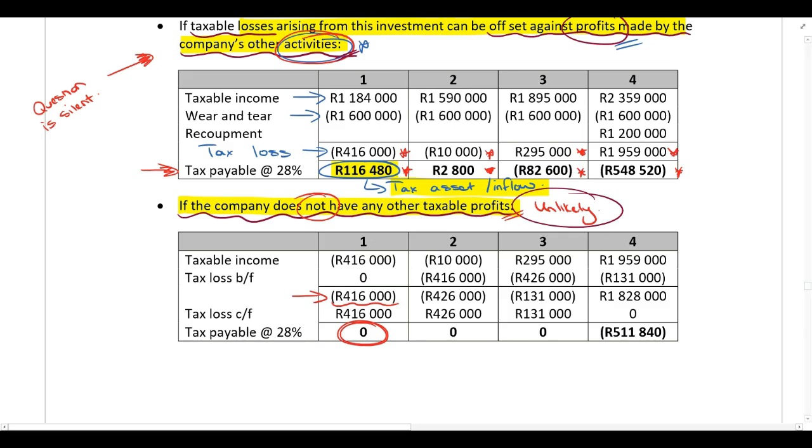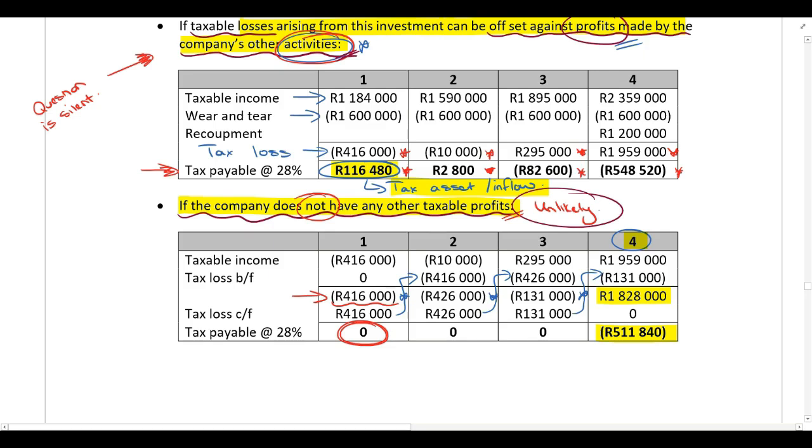Instead, what you do is you carry this tax benefit forward until the company has enough profits that can be taxed. And in the final year, you can see instead of sitting with a tax loss, they are now finally sitting with taxable income. SARS will then tax them on that at a rate of 28%, and they will pay tax only in year 4.